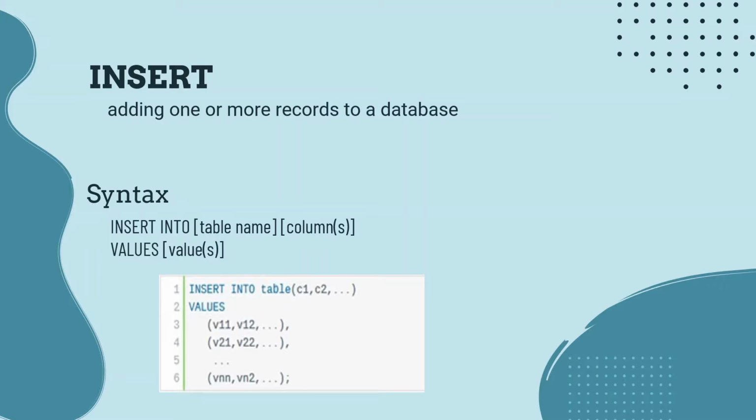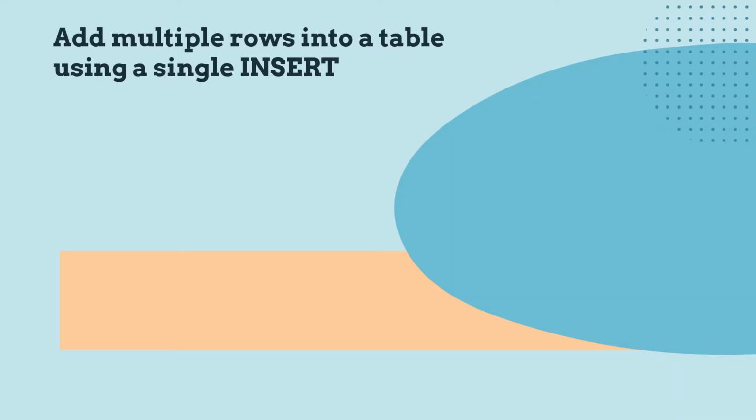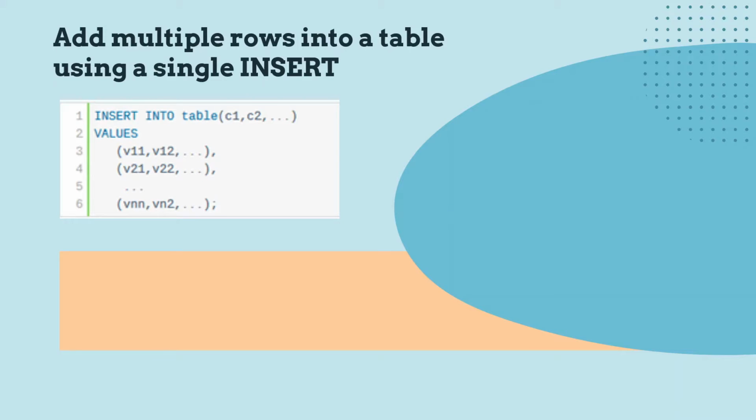In addition, the position of columns must correspond with the position of their values. And then to add multiple rows in a table using a single insert statement, we can use the following syntax. In this syntax, rows are separated by commas in the values clause.